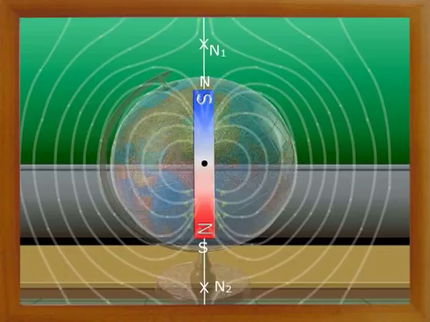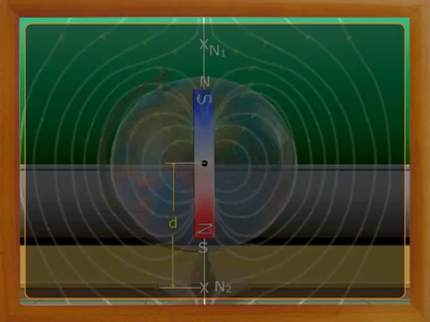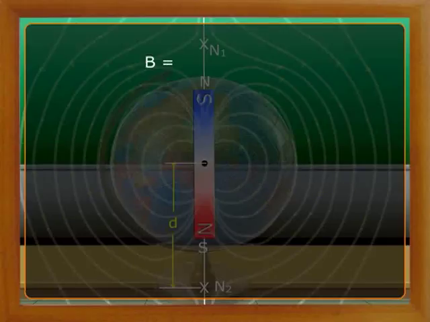We now consider the case when the neutral points are on the axial line of a bar magnet at a distance d from its center. As we already know, the magnetic field induction along the axial line B is equal to mu 0 by 4 pi, 2M by d cube.